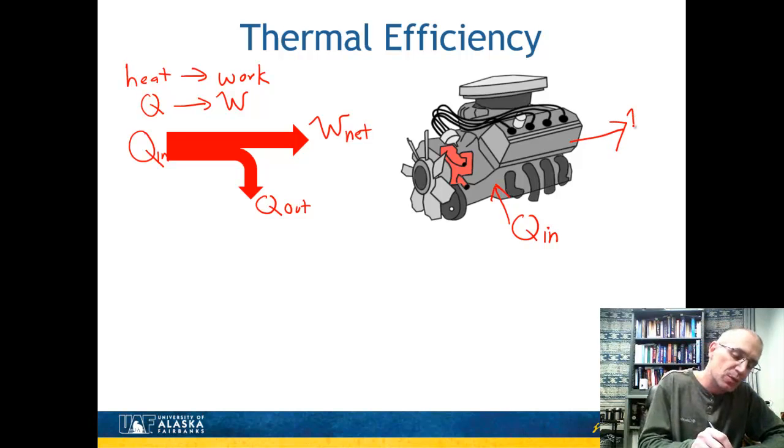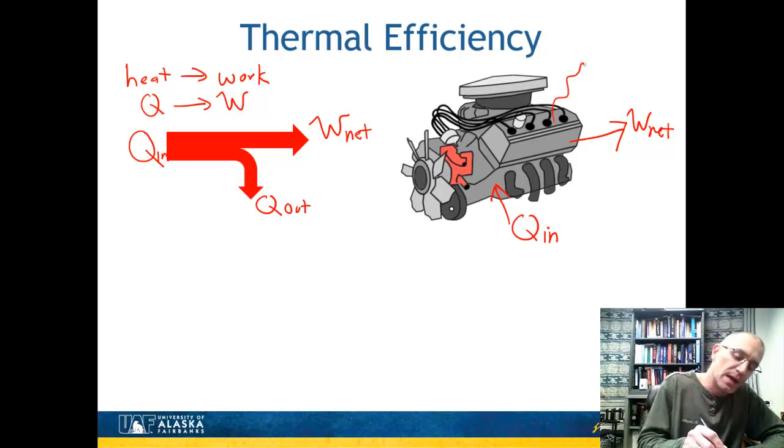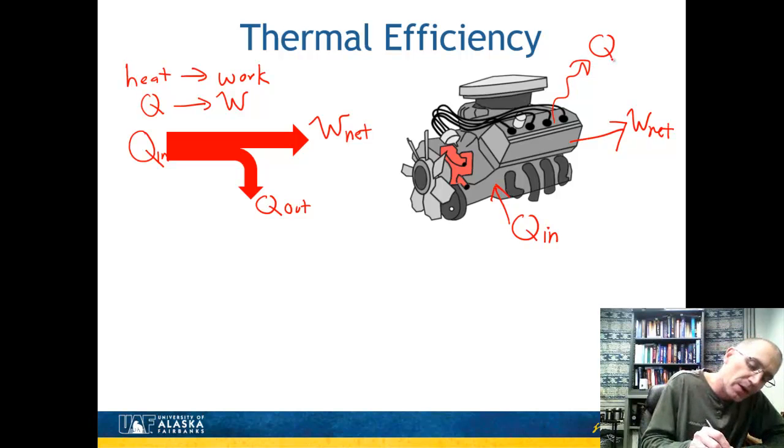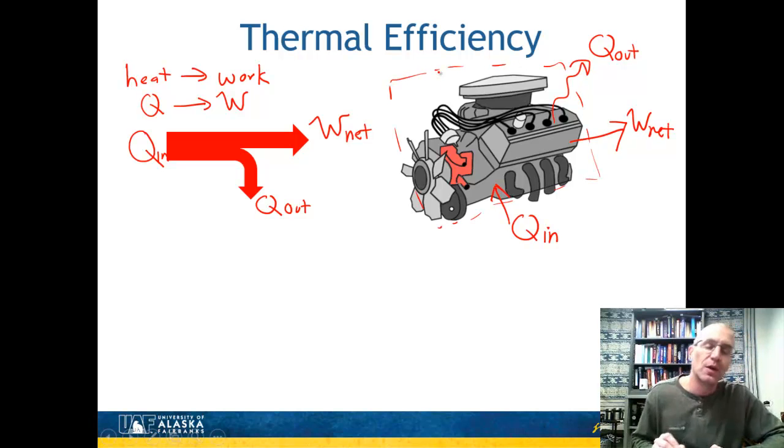It's going to do some work, and there would be the net work coming out of this engine. And since we know from the second law of thermodynamics that we're going to have some heat loss as well, what tends to happen is that the engine gets hot, we run a coolant through there, and there is going to be the Q out. So this is our engine, and we talk about heat engines as a general type of energy conversion device, and this would be an example of more or less a heat engine with some assumptions that we will go through in a little bit.